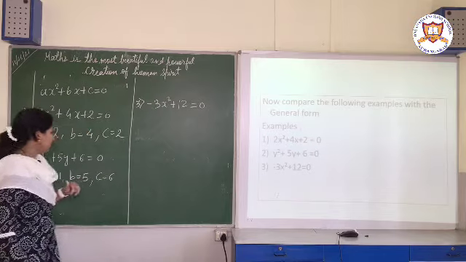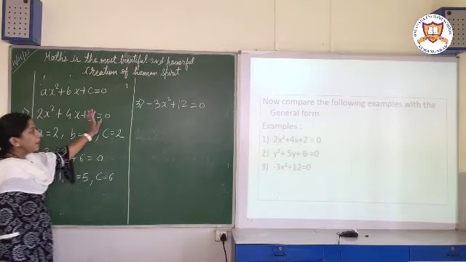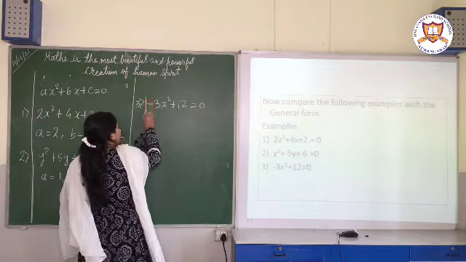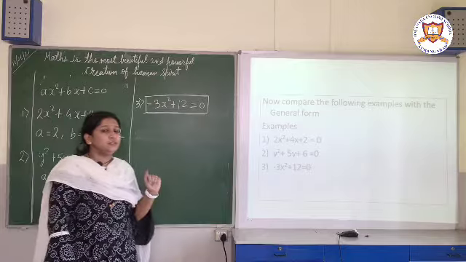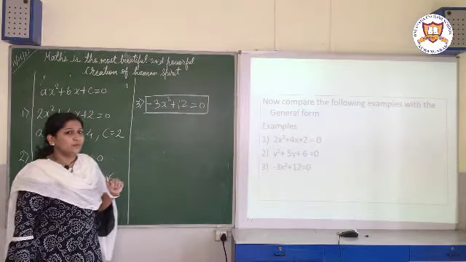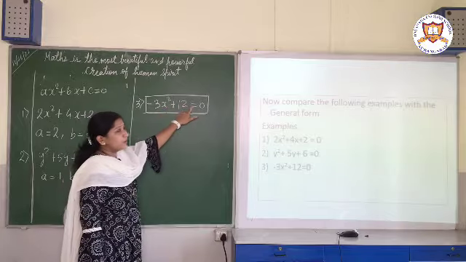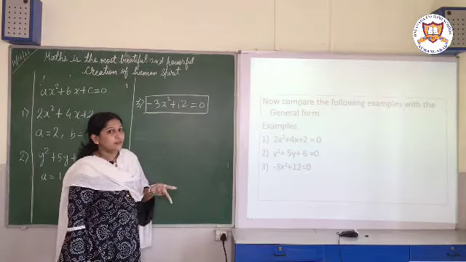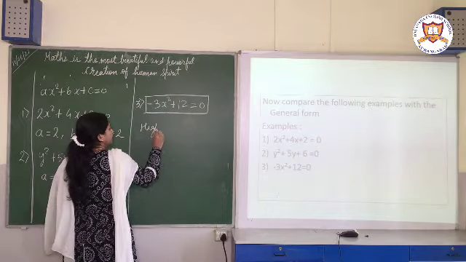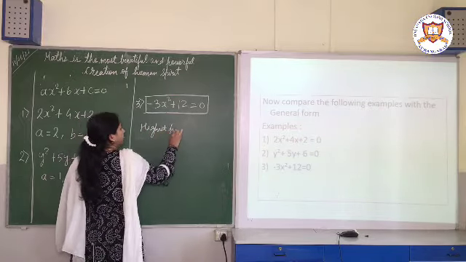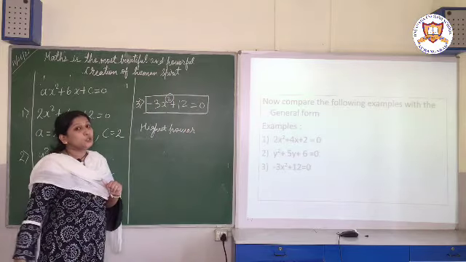Now students, if you have seen here we have 3 terms, 1, 2 and 3. But can we say that this equation is a quadratic equation? Is it a quadratic equation because the middle term is not there? Yes, it is a quadratic equation because if you see, its highest power is 2.